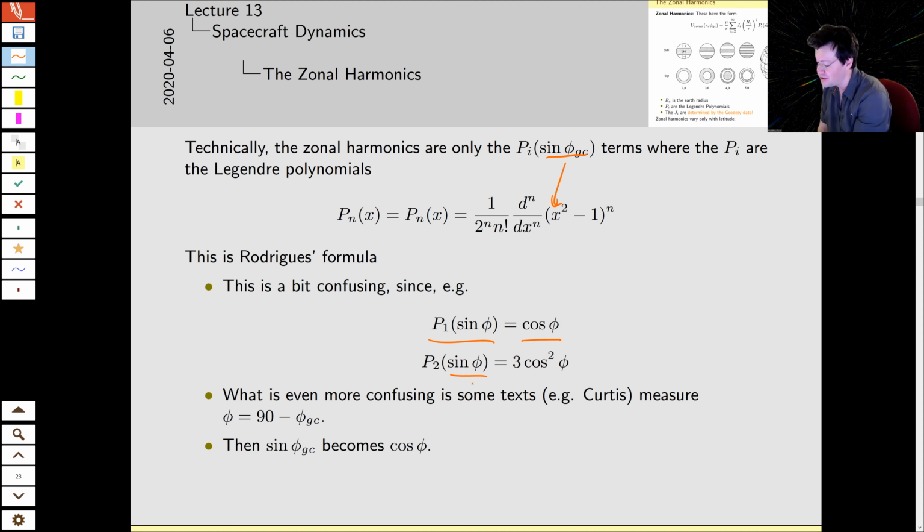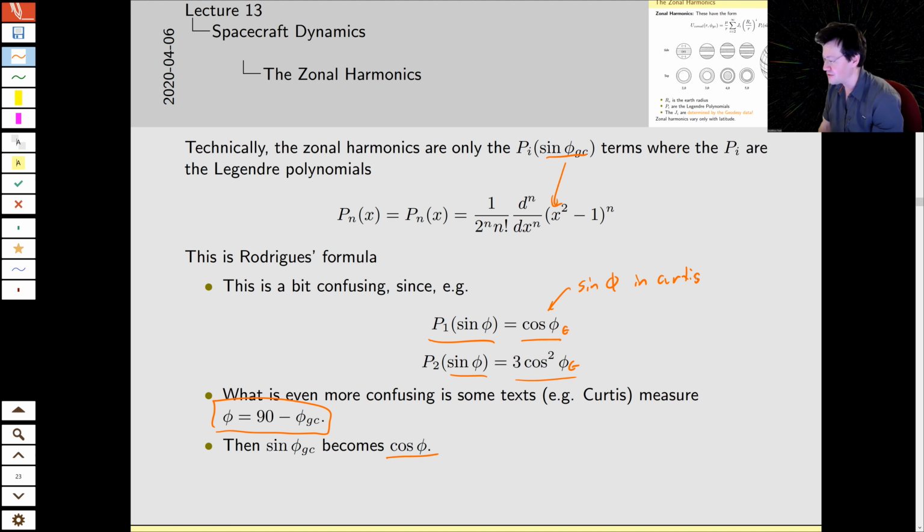And P2, a function of phi, is also cosine phi, so it's a little bit confusing. Of course, Curtis is using a different definition for phi, and so he gets that these Legendre polynomials are a function of cosine phi, which actually means that these are sine phi in Curtis. Very confusing, but if you have to navigate it, be aware.